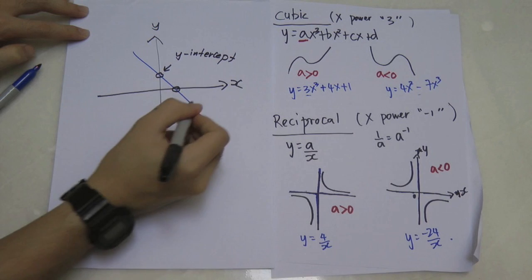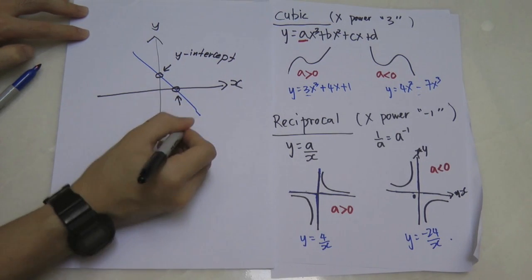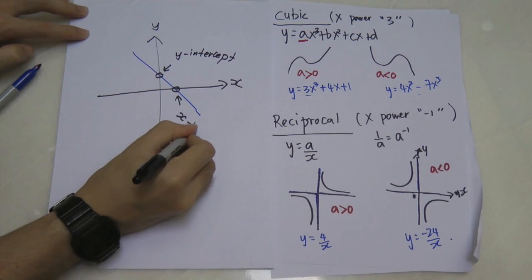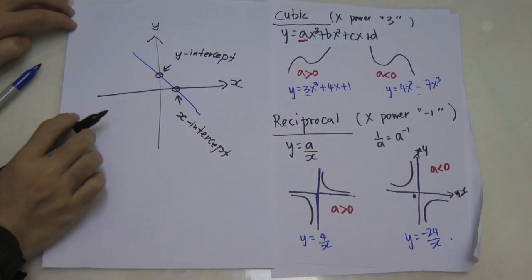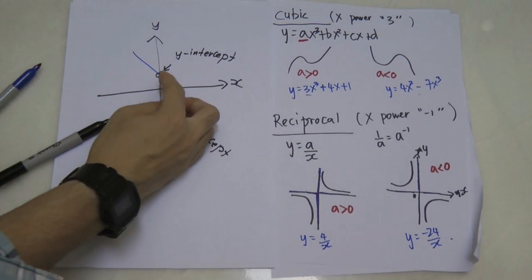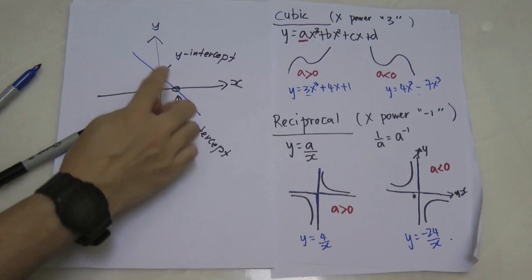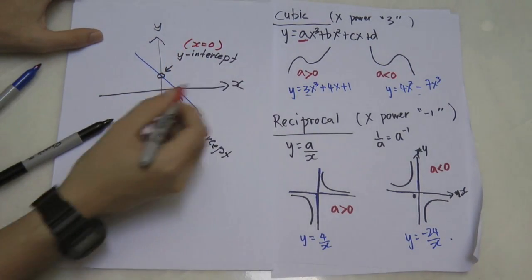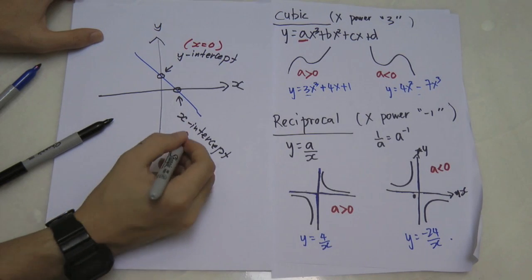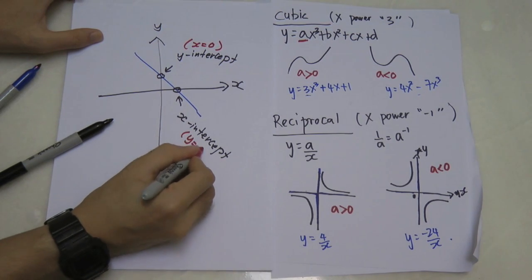And this one intercepts the x-axis, so we call it the x-intercept. You need to remember something. Whenever it is the y-intercept, you will have x equals to 0. And whenever you want to find the x-intercept, you will have y equals to 0.